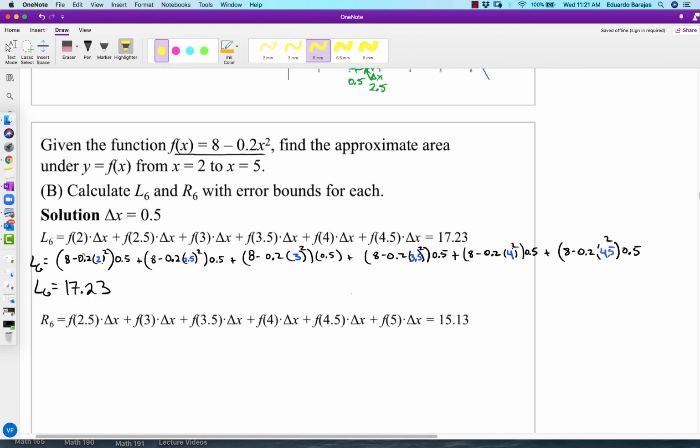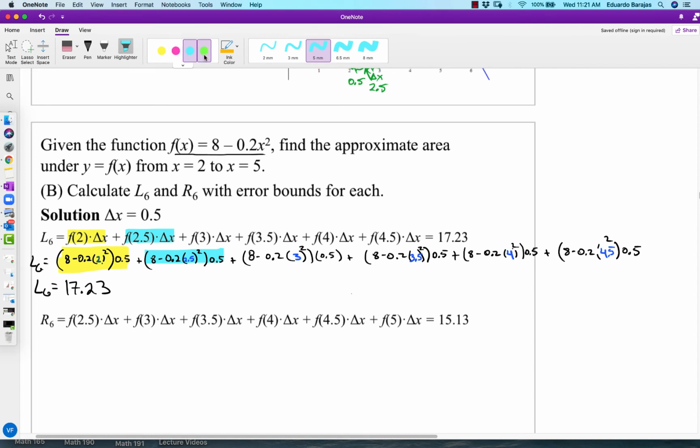Okay, so in this calculation, f of 2 times delta x ends up being this calculation right here. That would be that first one. And then the next one would be this one. The second rectangle has a base of delta x times a height of f of 2.5, which ends up being this calculation right here.